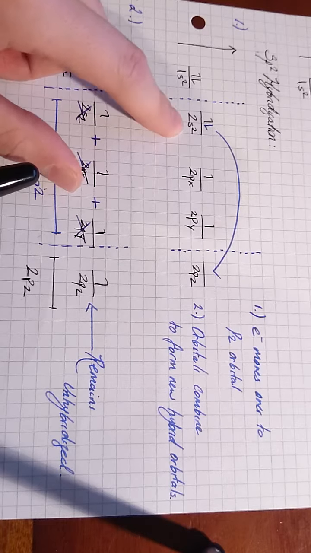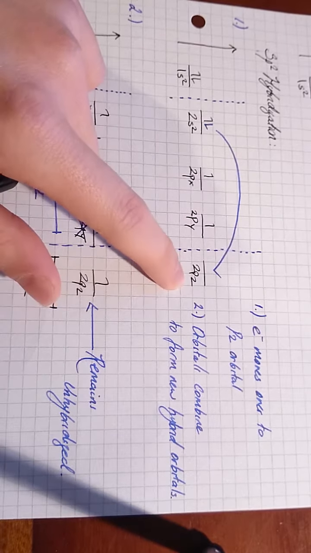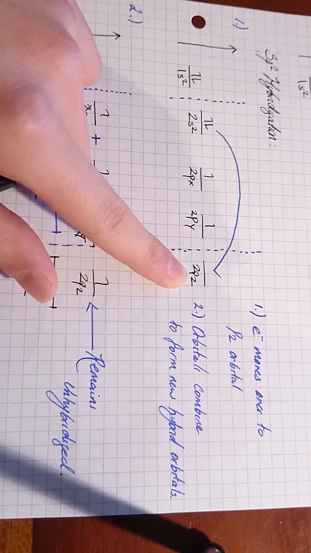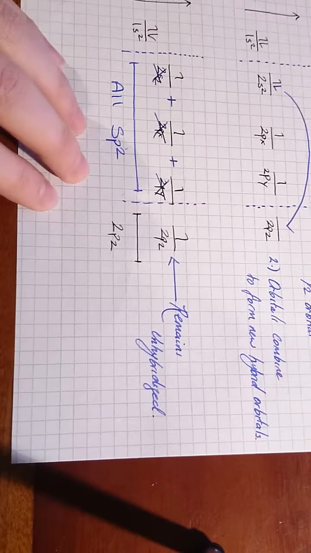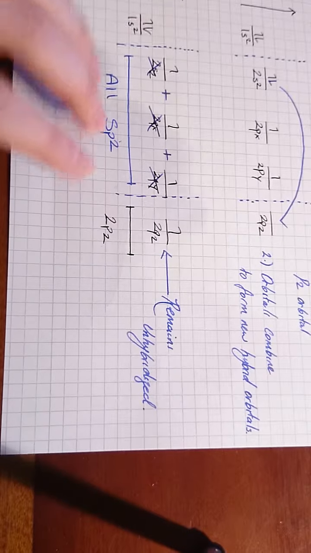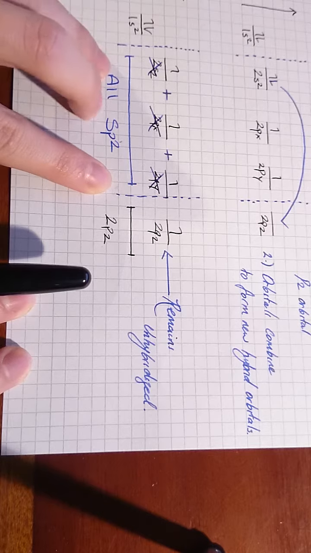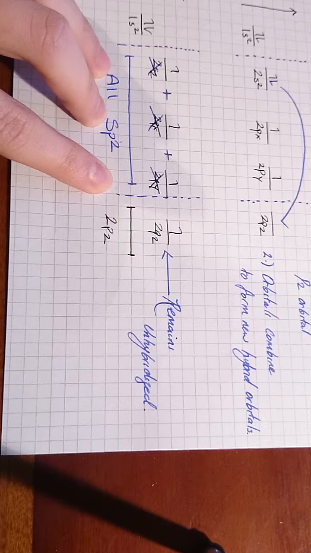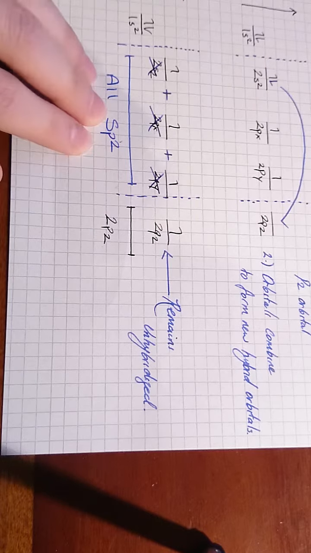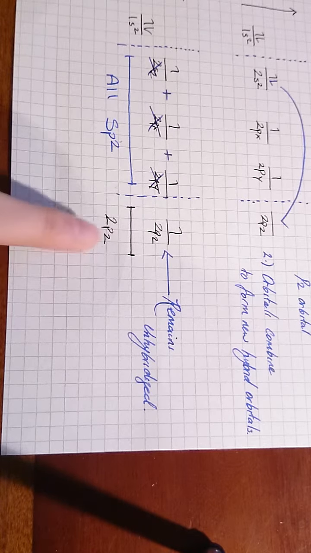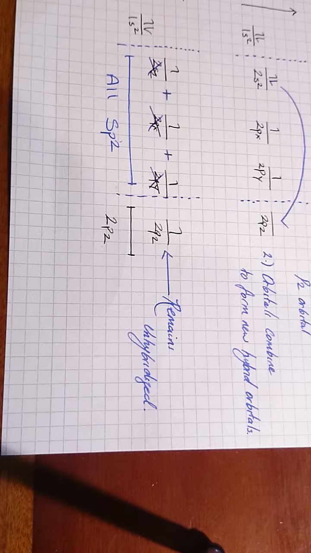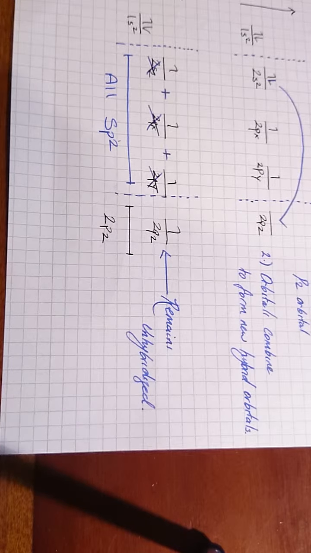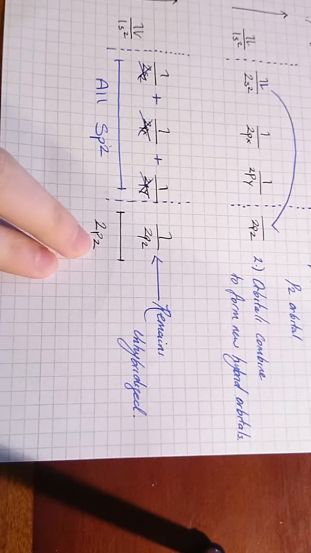The electron moves from this 2s orbital over to the empty 2pz orbital. And then these 3 orbitals here combine to form sp2 hybrid orbitals. However, this remaining p orbital remains unhybridized. The reason for this is because this orbital here is used for the pi bonding.